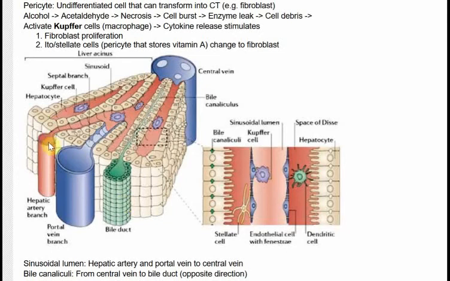Now, this is the central vein, which goes to the heart. So things go in this direction. So hepatic artery to central vein, portal vein to central vein. It goes the opposite direction for the bile duct, central vein to the bile duct.